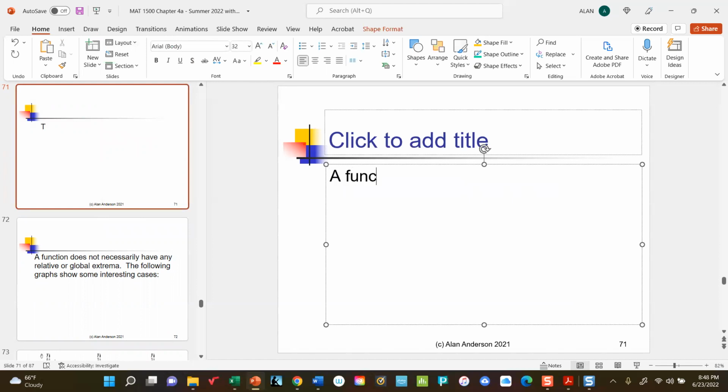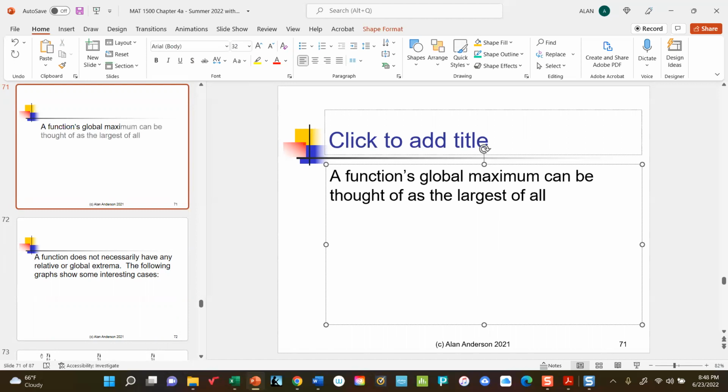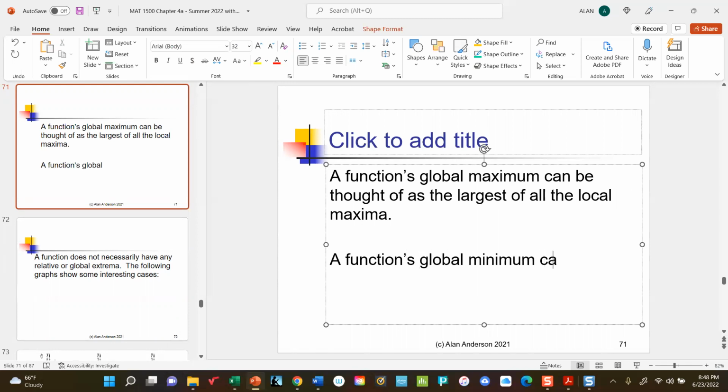A function's global maximum can be thought of as the largest of all the local maxima, and a function's global minimum can be thought of as the smallest of all the local minima, of course.